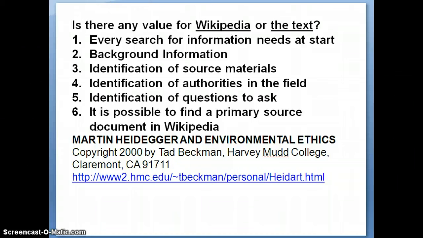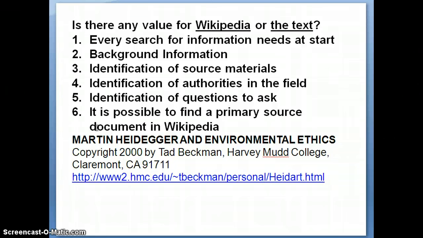Here's an example. Martin Heidegger, a person that I'm sure you've never heard of before, but he is a legitimate philosopher in the existential tradition, a rather interesting and controversial figure, which we may talk about later, but I won't take time to talk about him now. And I looked in Wikipedia about Dr. Heidegger, and lo and behold, the person who wrote the article has copyrighted it, has a name, location.